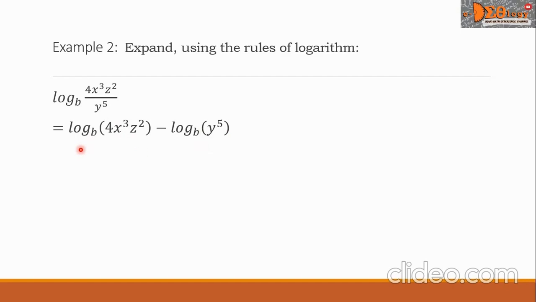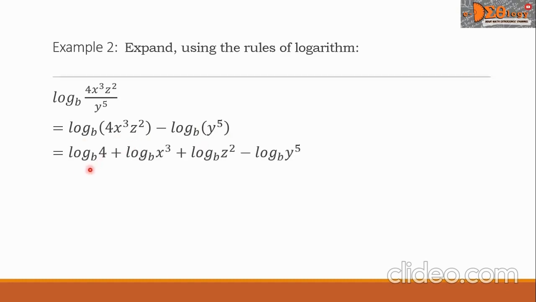In our first log here, there is a product, and to simplify that, we need to get the sum of the log of each of the factors. So let us expand this now.